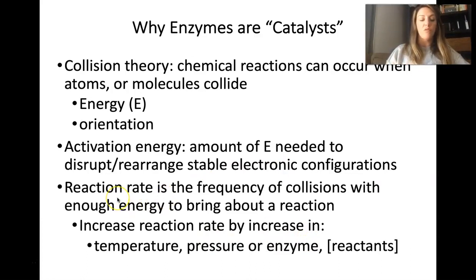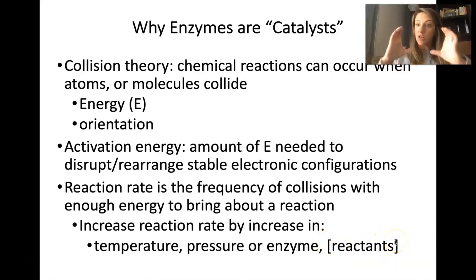Okay, and this starts to sound complicated, like physics, and it is, but we can think about it this way: reactions happen faster when you have increases in temperature, increases in pressure, increases in enzyme concentration, or increases in reactant concentration. And these little bars here are indicative of concentration.